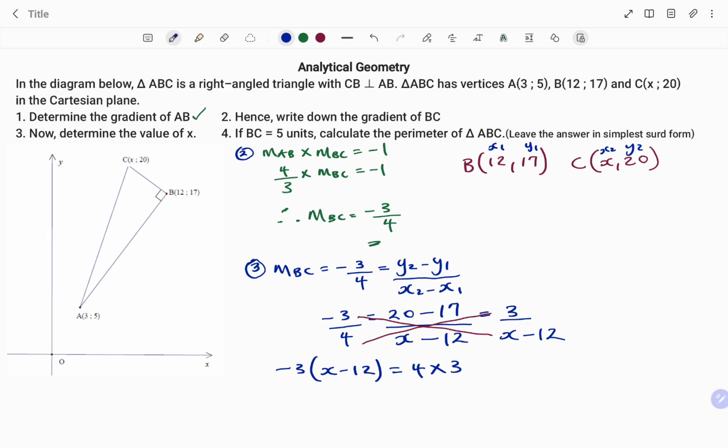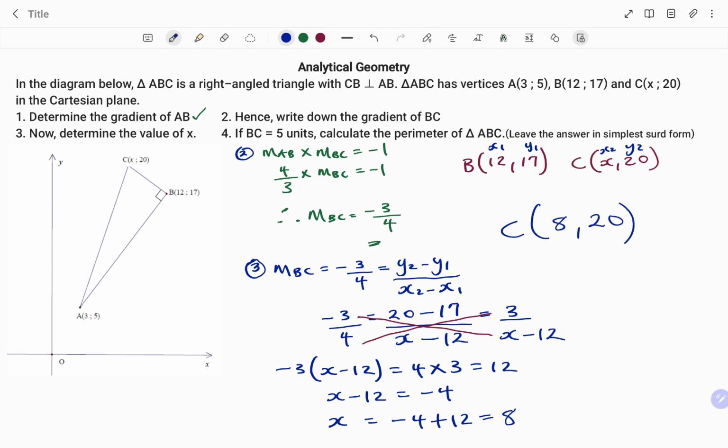Dividing both sides by negative 3, I'm left with x minus 12 equals 12 divided by negative 3, that's negative 4. Moving my negative 12 to the right hand side, it becomes a positive, and therefore the value of my x is positive 8. So my coordinates for C will be (8, 20).